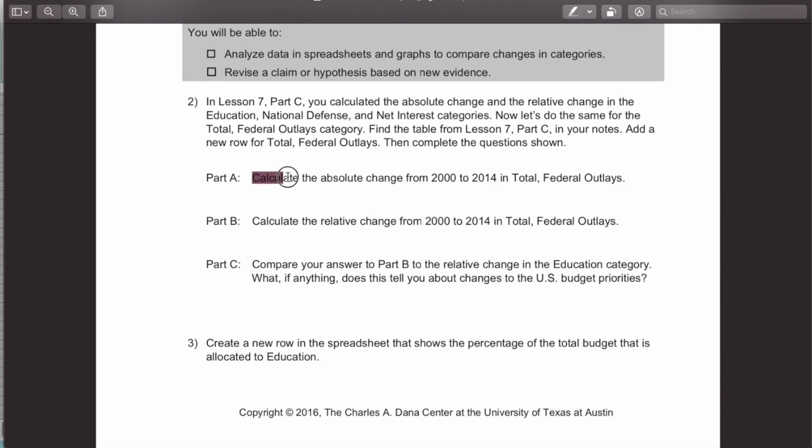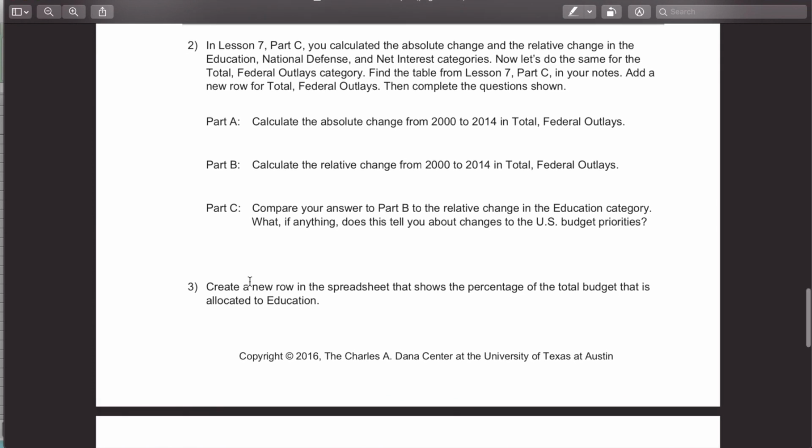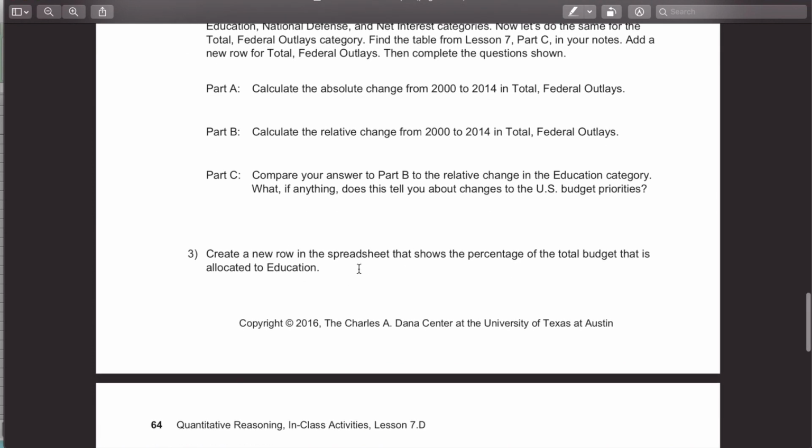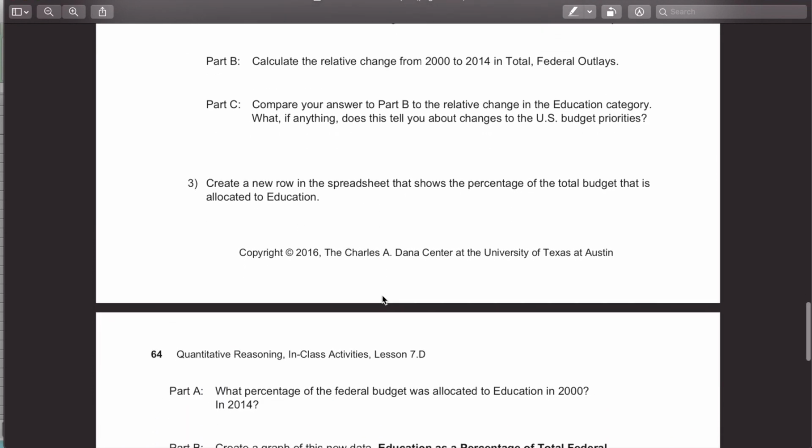So go ahead and calculate the absolute change and the relative change for those total federal outlays. And then compare the relative change in the total federal outlays to the relative change in the education category that we looked at before. And think about what that means in terms of the education budget and how it's being prioritized. So now, we're going to look at this comparison. We're going to do a part to whole ratio.